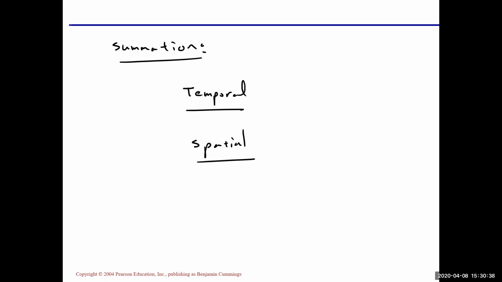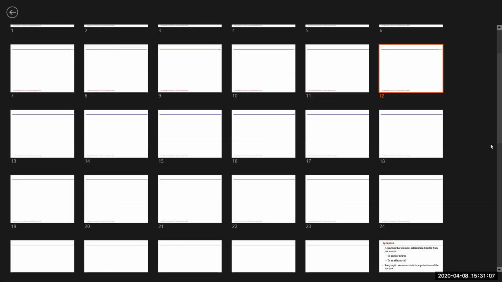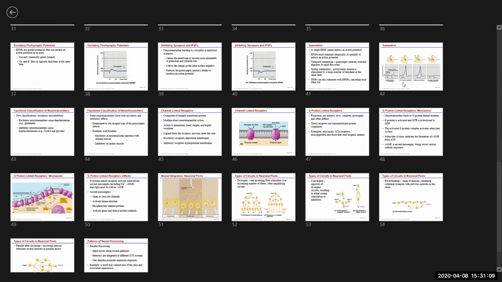This is when presynaptic neurons transmit their impulses or action potentials in a rapid-fire order. Boom, boom, boom, boom. They're sending the signal pretty quick, so they can add up quickly. Versus the spatial summation, where the postsynaptic neuron is stimulated by a large number of axonal terminals at the same time. Let's take a look at some pictures to help you understand these two mechanisms.